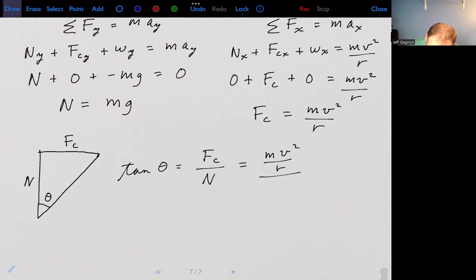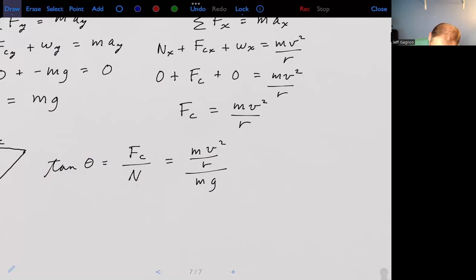And N we found is mg. If I divide these two fractions, you can think of this as mg over 1, which is the same as the first fraction times the reciprocal of the second fraction. The m's cancel, and I get v squared times 1, which is v squared. And then in the denominator, I have r times g, which is just rg.